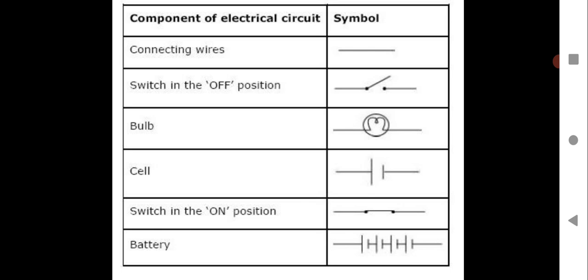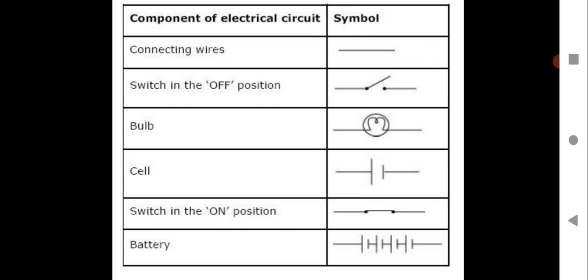And a battery is a combination of more than one cell. It can be two cells or more than two, and when you combine them, you have to combine negative to positive, like here it is shown: positive negative, positive negative, positive negative. So the combination of more than one cell will give you a battery.